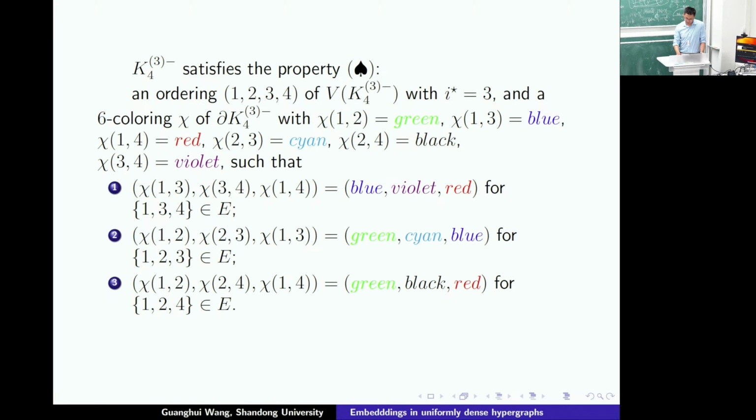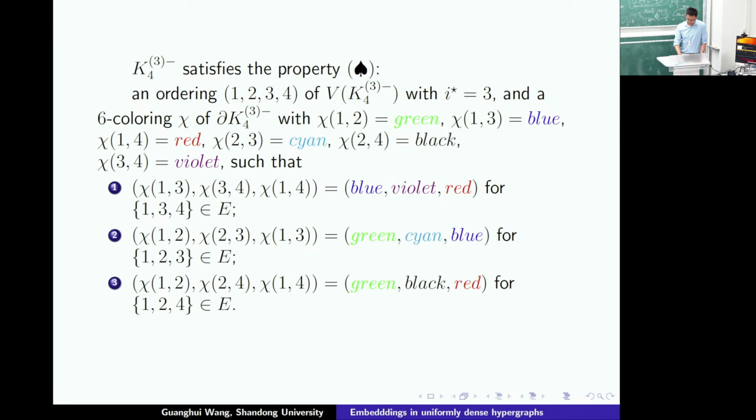We give the shadow of the K4 minus this coloring: 1,2 is green, 1,3 blue, 1,4 red, something like this. And it's easy to check that the color pattern is what we want.